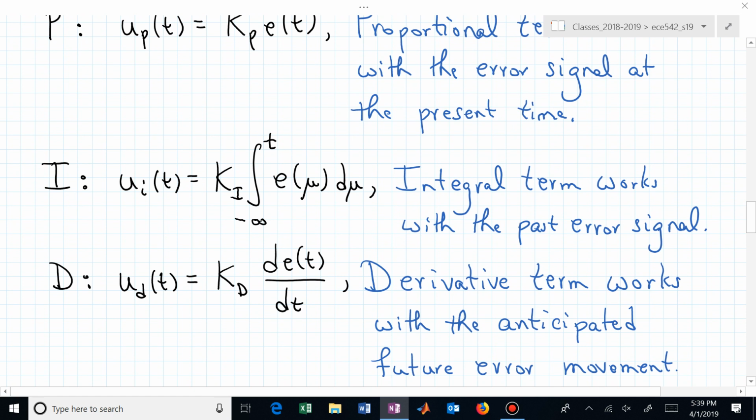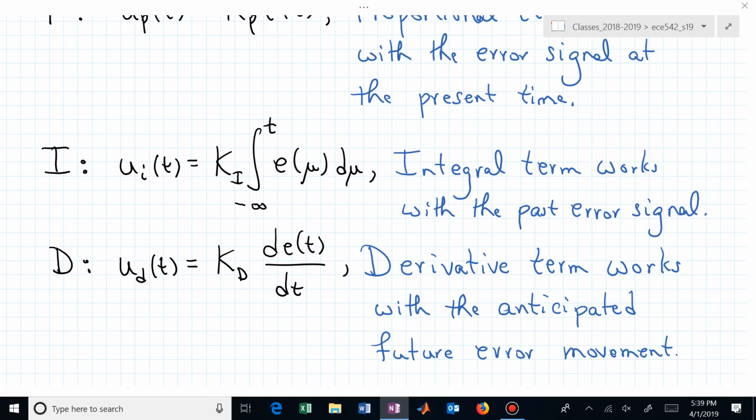Contrast that with these other two pieces. The integral piece, now we are integrating. Whatever the error was for all time, we now integrate that as a function of time, and that could build up to a large value if your error was even small over a large interval of time.